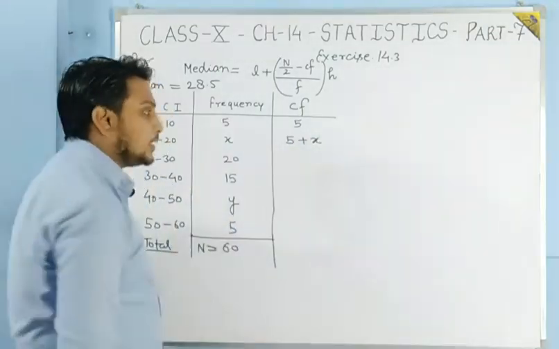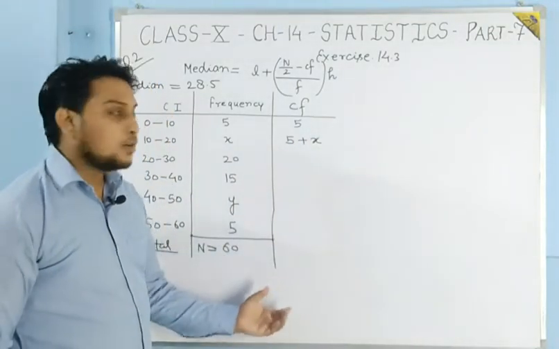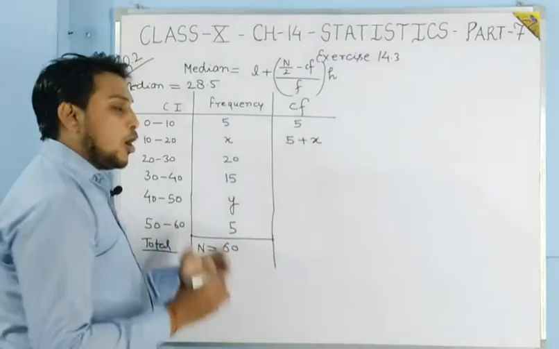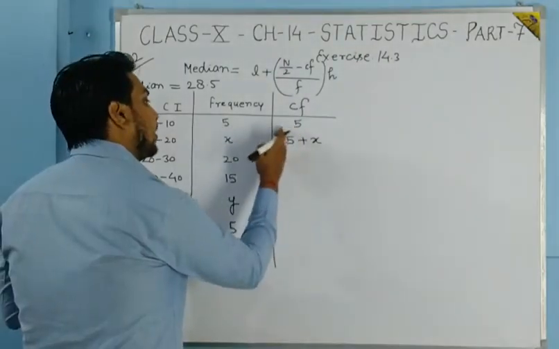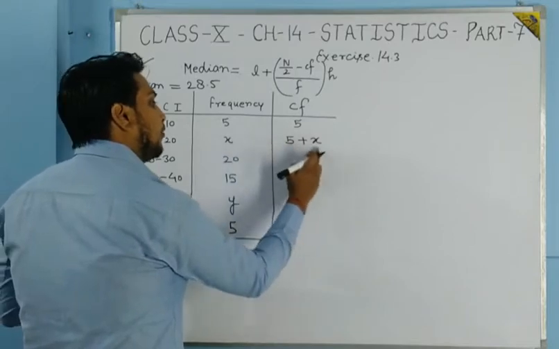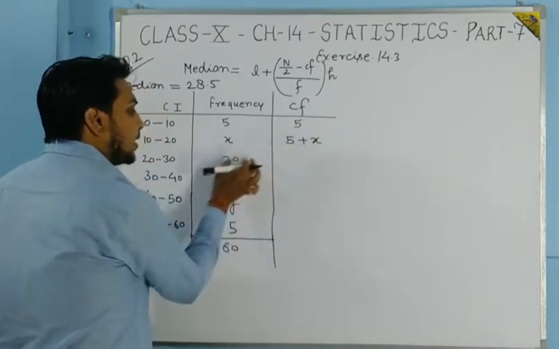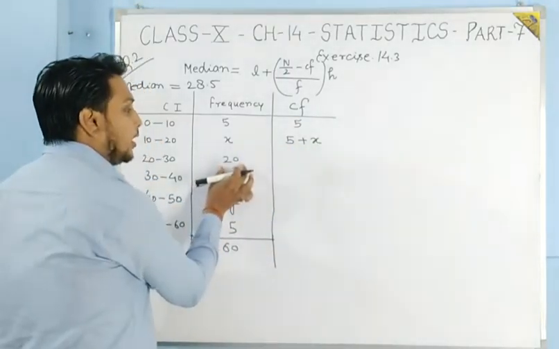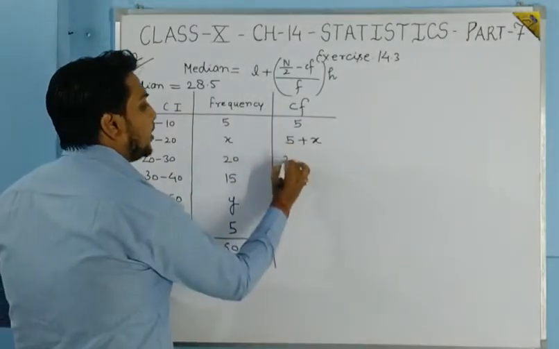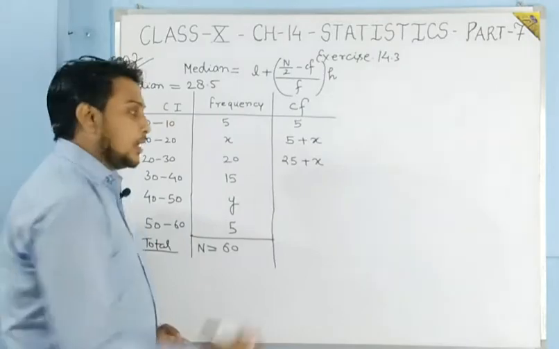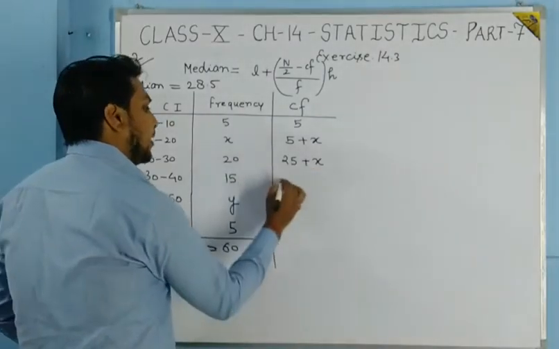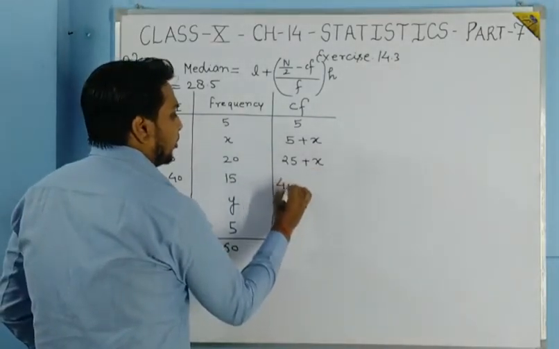In the same manner we will fill all the column. We have written the first number, then added x, so it is 5 plus x. Now 5 plus x will be added to 20, so 5 plus 20 is 25 plus x. Now 25 plus x will be added to 15, so it will be 40 plus x.